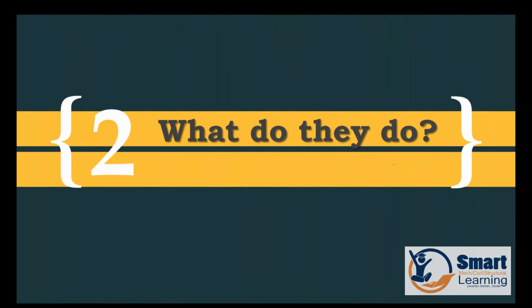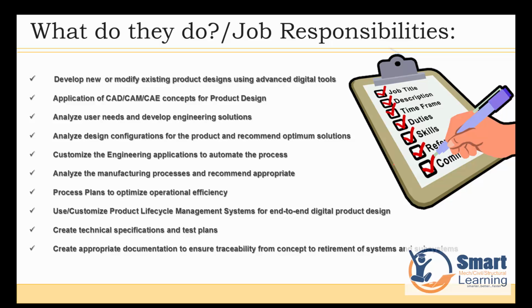And what they do exactly is very straightforward. They primarily start developing new products or modifying existing products by using this particular tool. And applications of CAD/CAM CAE concepts for product design is also one of the important aspects of why they use it, and they analyze the user need and end-to-end requirement and then develop the engineering solutions.